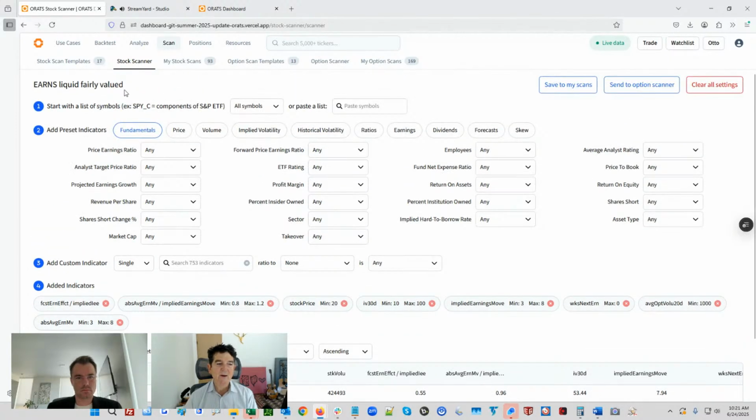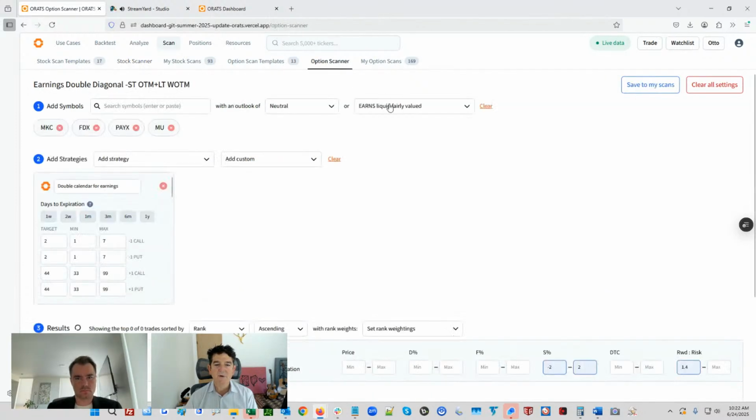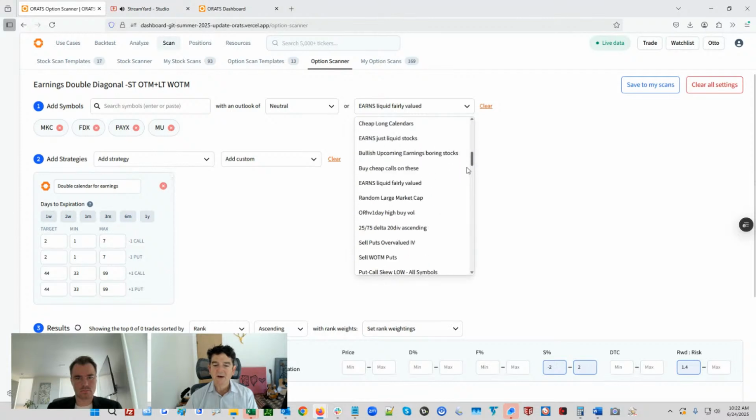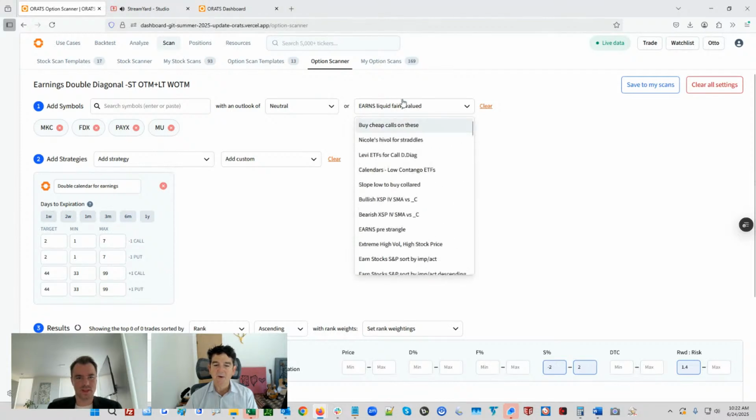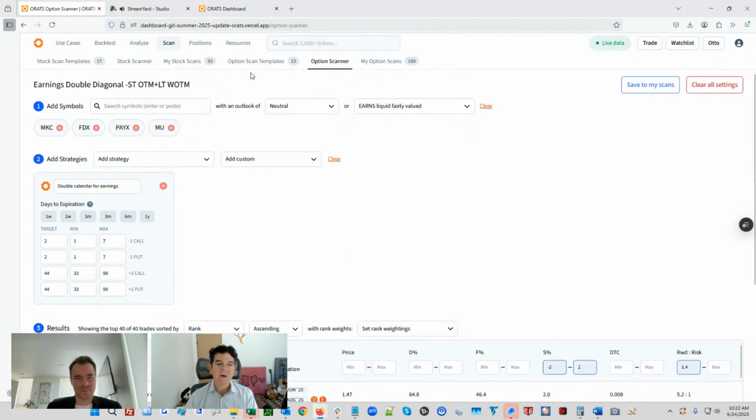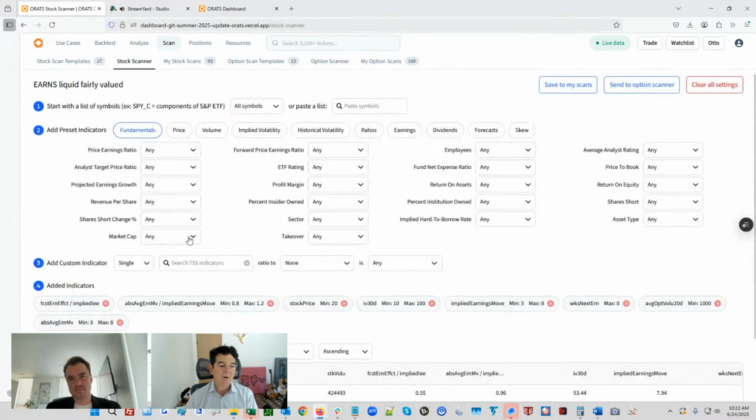You could go to the option scanner and then drop down in the stock scanner portion here. These are all the ones that you have saved, so it's really cool. I have a lot, but it could bring in lists, so it's very, very handy on that part.